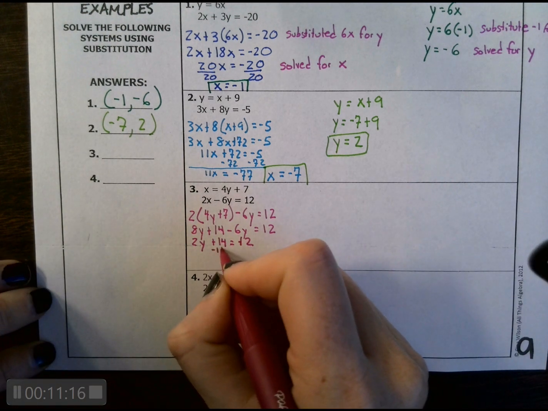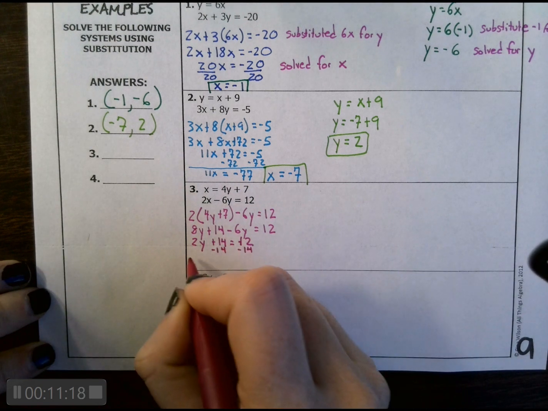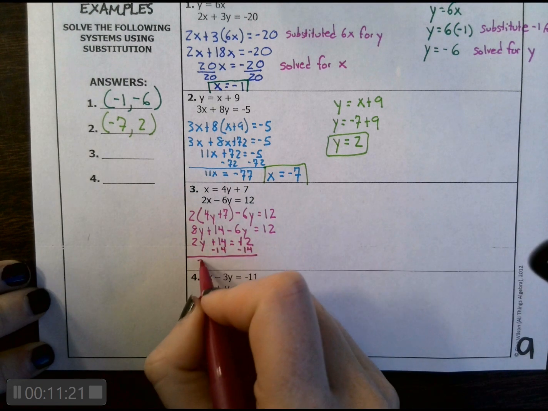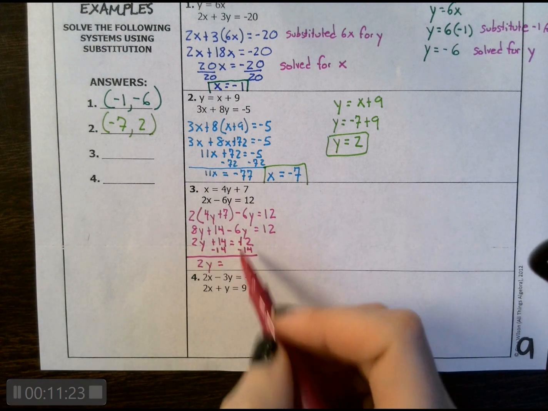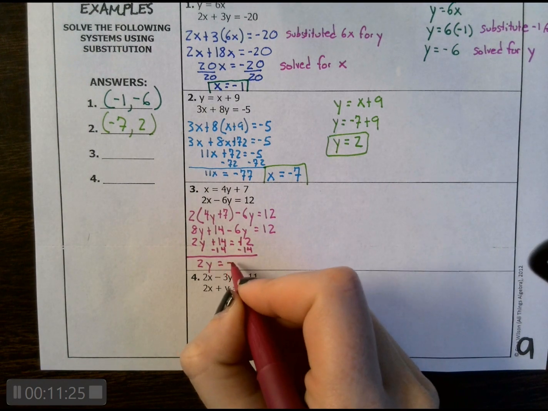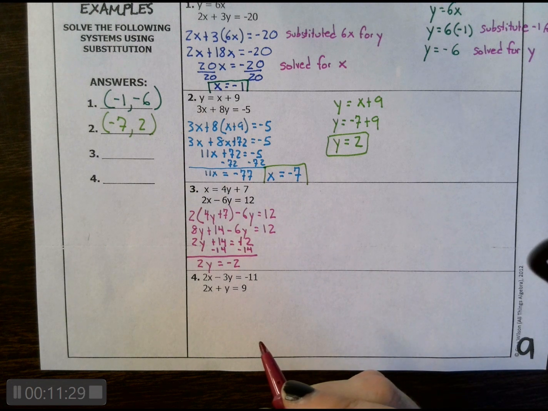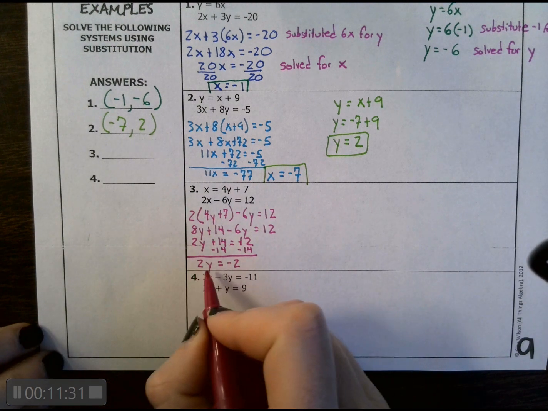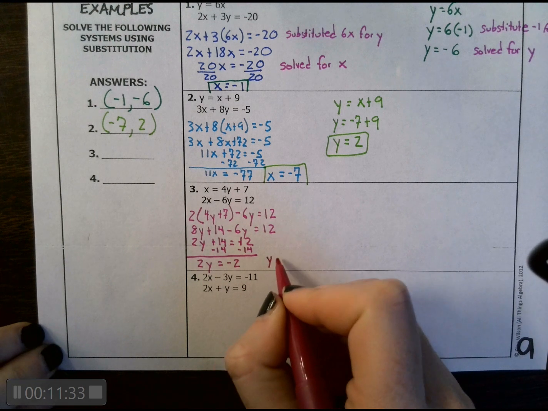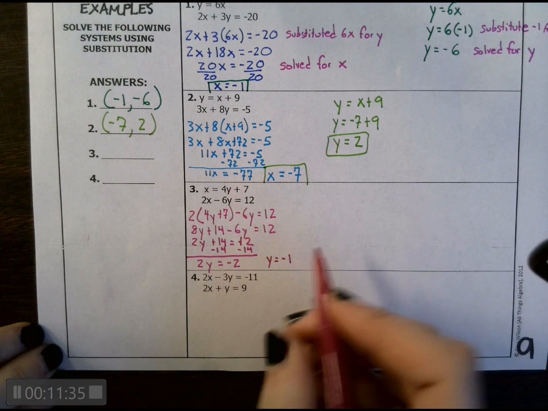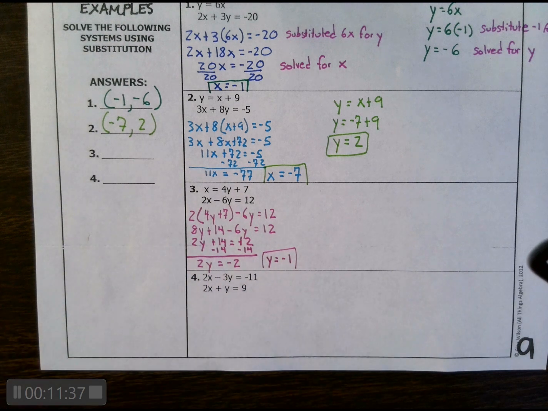Subtract 14 from both sides. And so we're going to get 2y equals 12 minus 14. It's going to give us negative 2. Then we are going to divide both sides by 2. So what's y equal? Negative 1. Okay? So we have completed step 2.